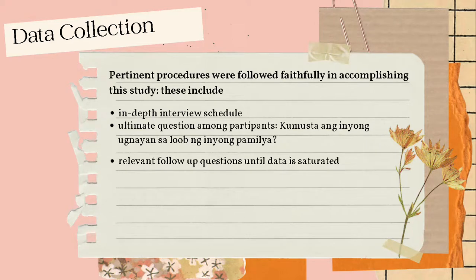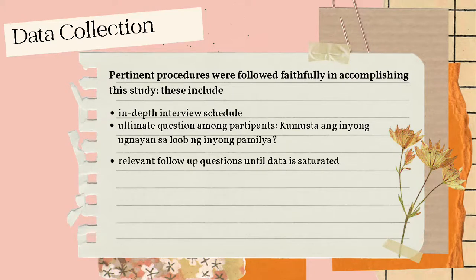For the data collection, pertinent procedures were followed faithfully in accomplishing this study. These include: number 1, an in-depth interview schedule; number 2, the ultimate question among participants, "Kumusta ang inyong ugnayan sa loob ng inyong pamilya?" Before the said interview, the researcher secured informed consent from participants.